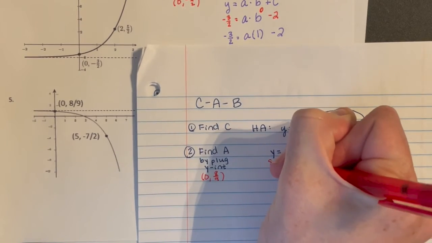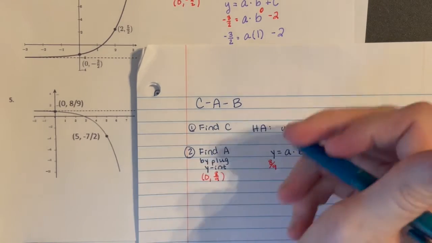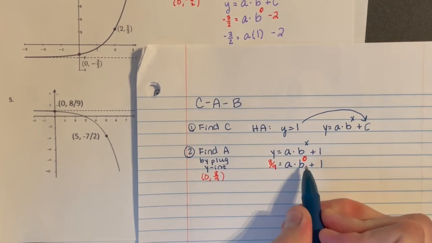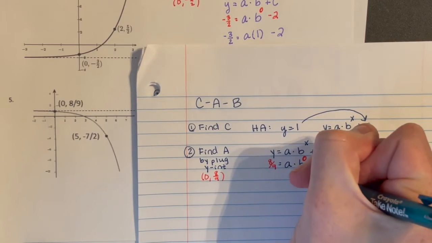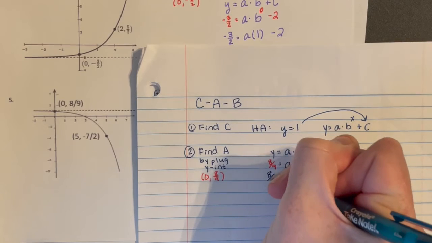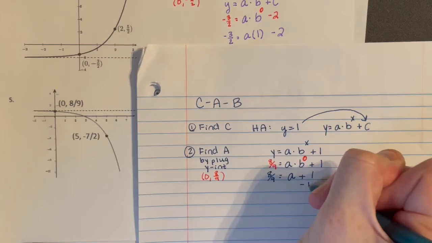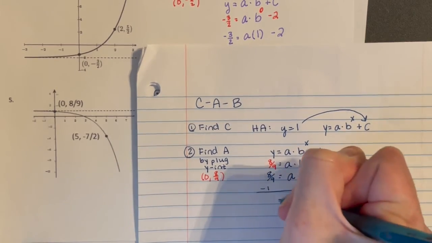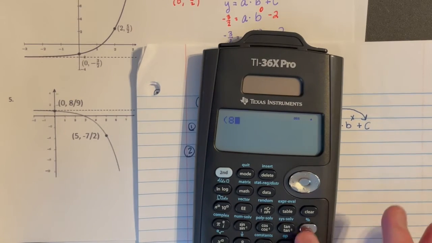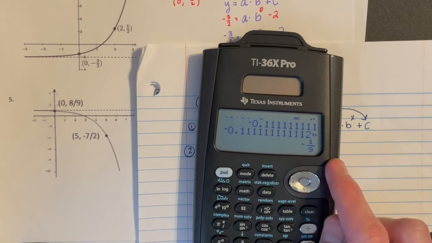So y is 8/9, and x will be 0. b to the 0 power, anything to the 0 power is 1, so that's really just a times 1, or a. We still have the plus 1 out there, and 8/9. I subtract 1 from both sides. So a is 8/9 minus 1. 8/9 minus 1 gives me this decimal, turn it back into a fraction, it's negative 1/9.